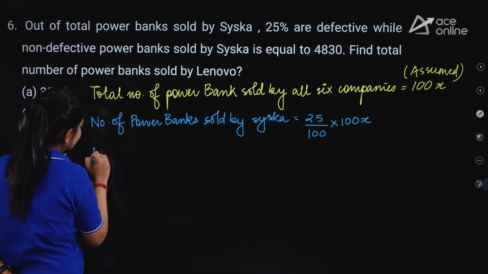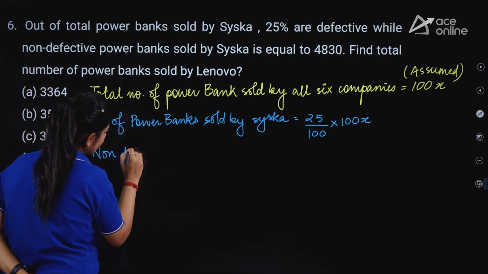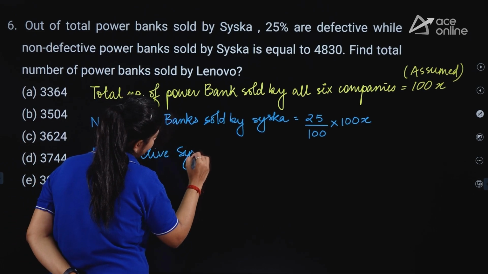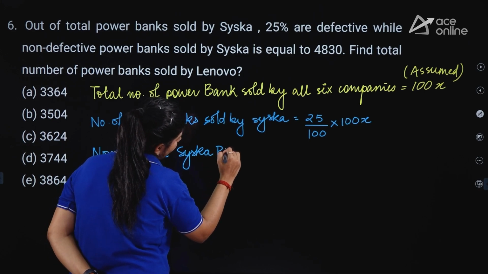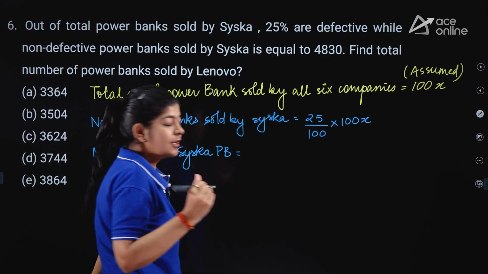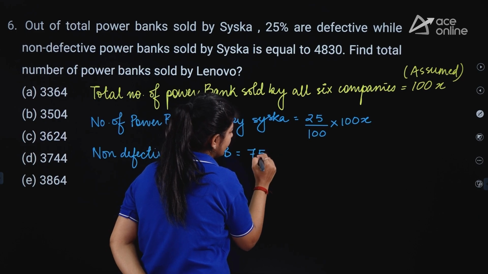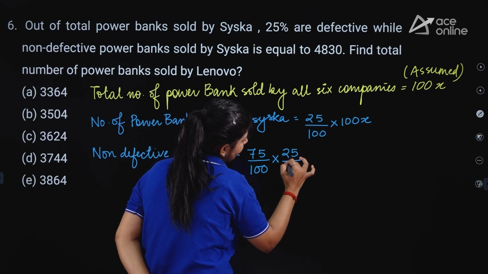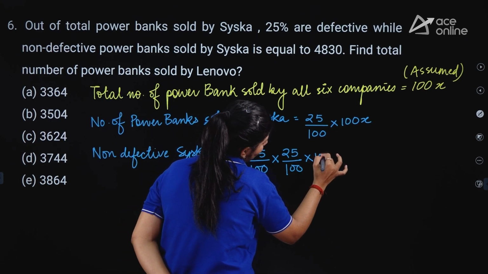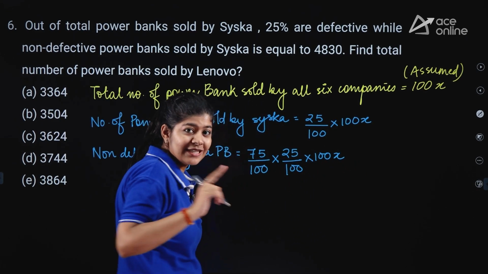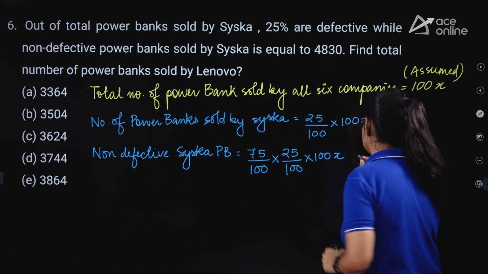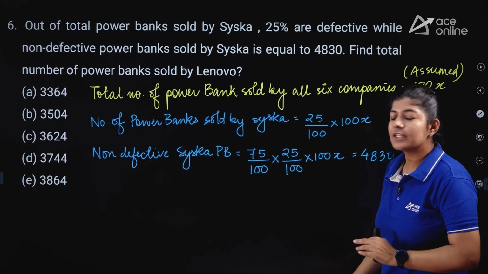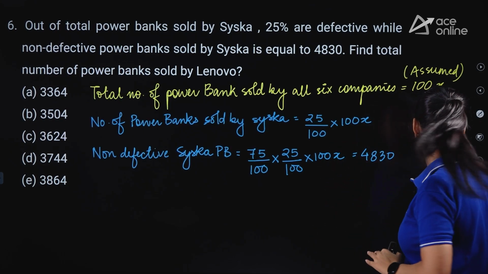So we can easily say that non-defective Cisco power bank is nothing but 75% of what? Of this value. That means 25 by 100 into 100x. And this value is equal to 4830 according to the question.